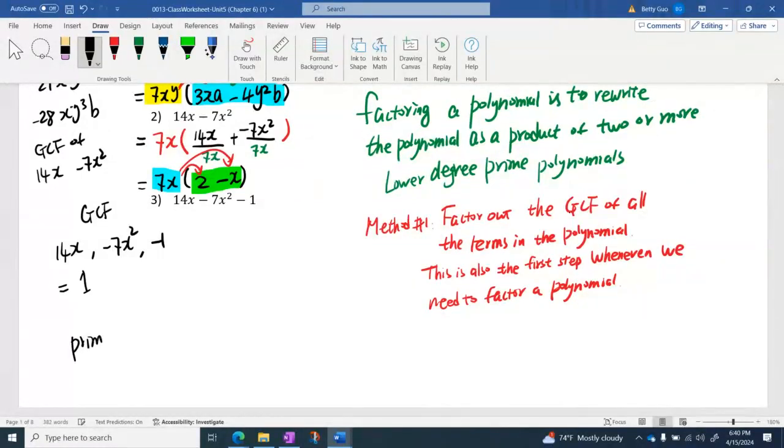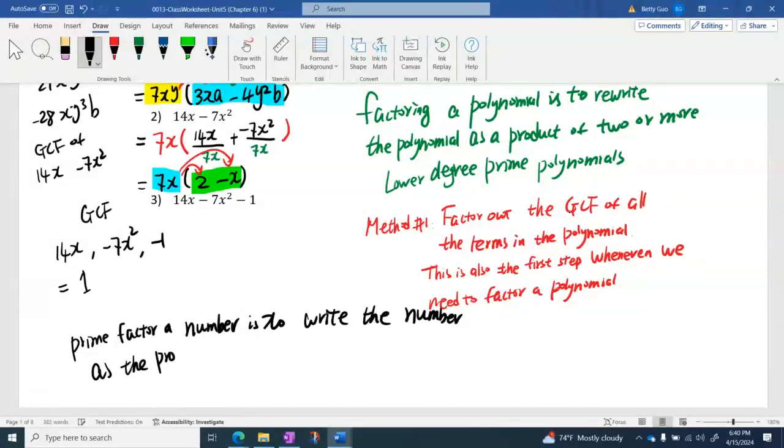Prime factoring a number is to write the number as the product of all its prime factors.